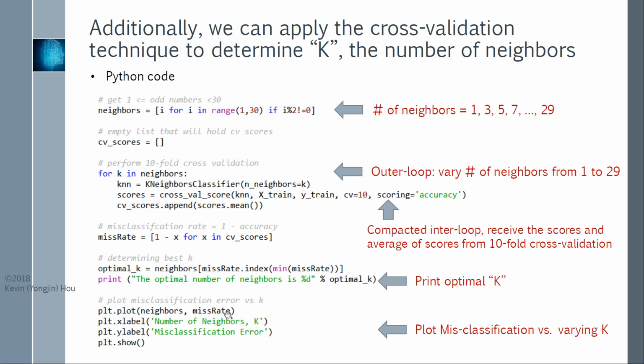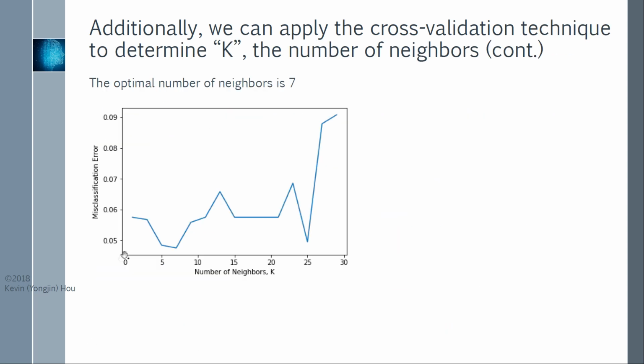Eventually, we'll make a plot with the number of neighbors as the x variable and the corresponding misclassification rate, which is again 1 minus accuracy. All those lines of code will do the work and give us a plot just like this.